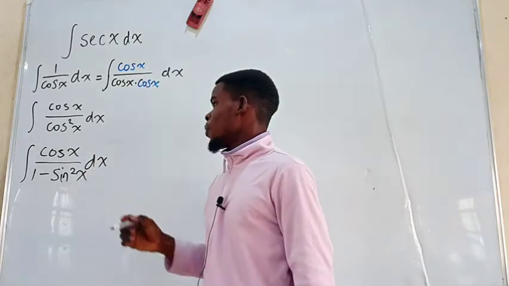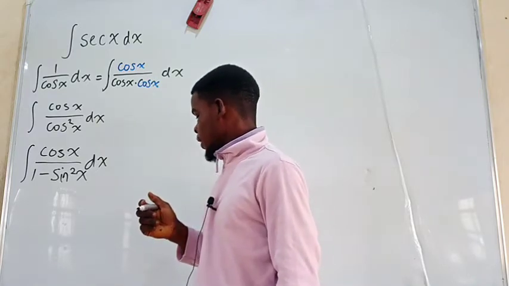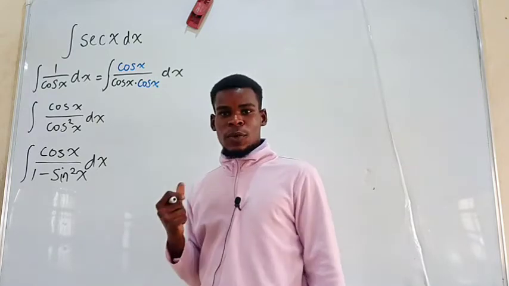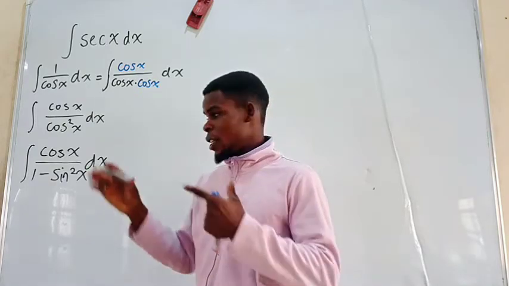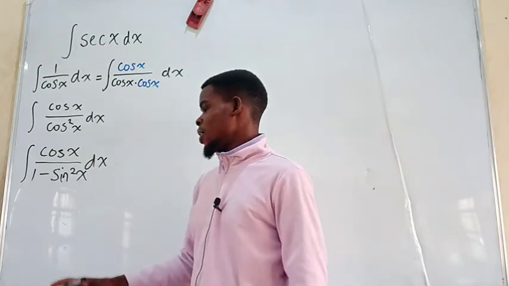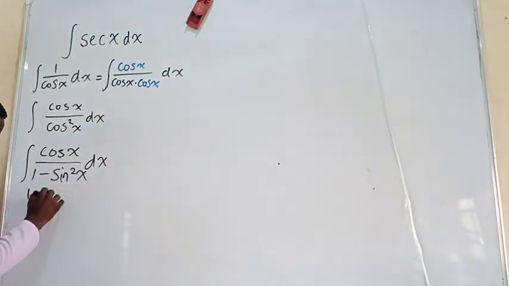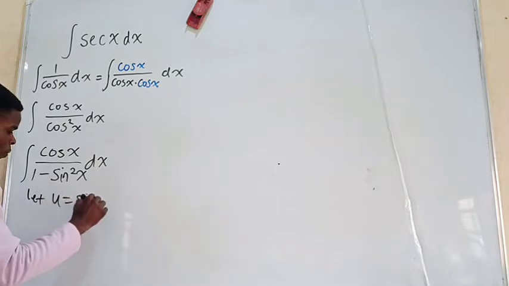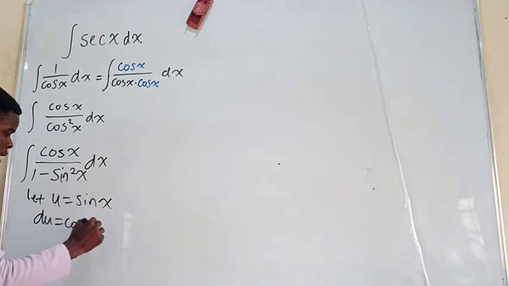From here, let's do a change of variable to reduce the complexity of this integrand. Let u be equal to sine of x. It means that du will become cosine of x dx.